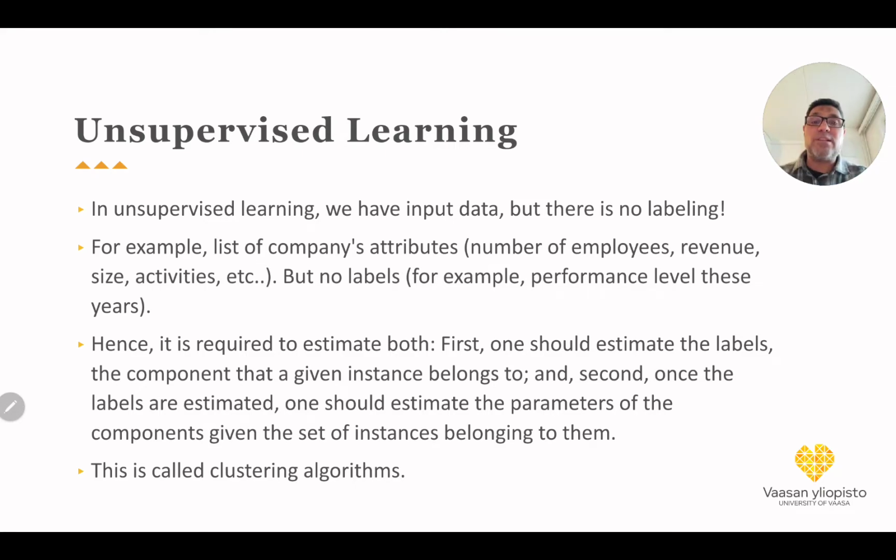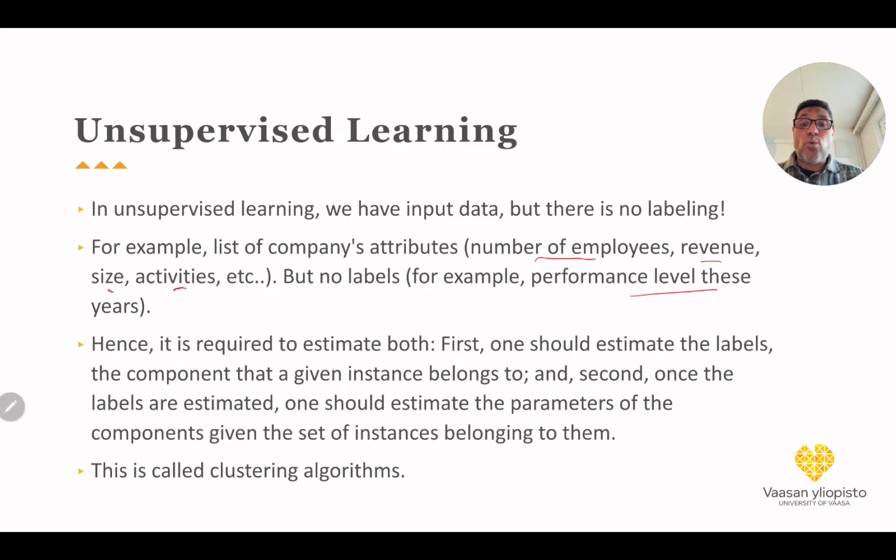For example, we have a list of company attributes, such as number of employees, revenue, size, activities, and so on. And we don't have labels, for example, the performance level of each year. We don't have such labels, but we have only raw data, a large Excel file.